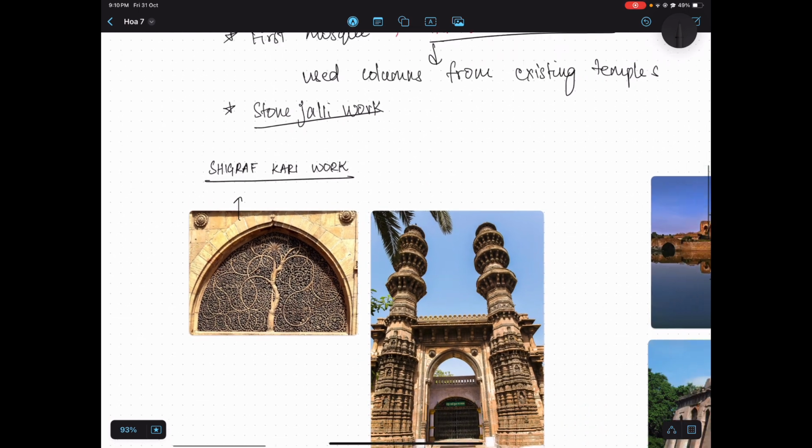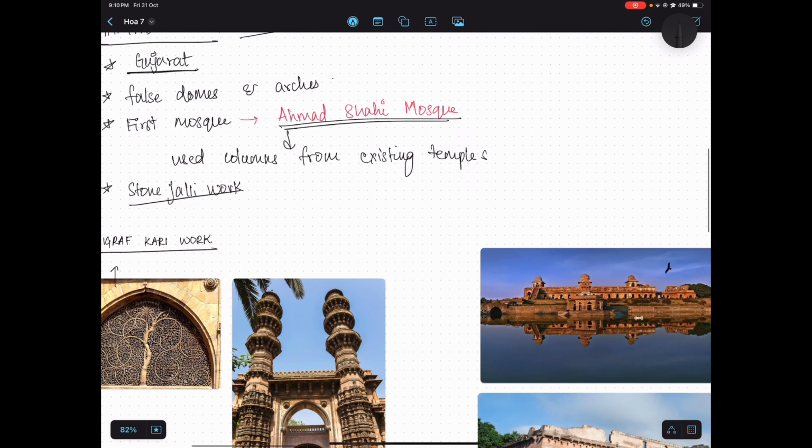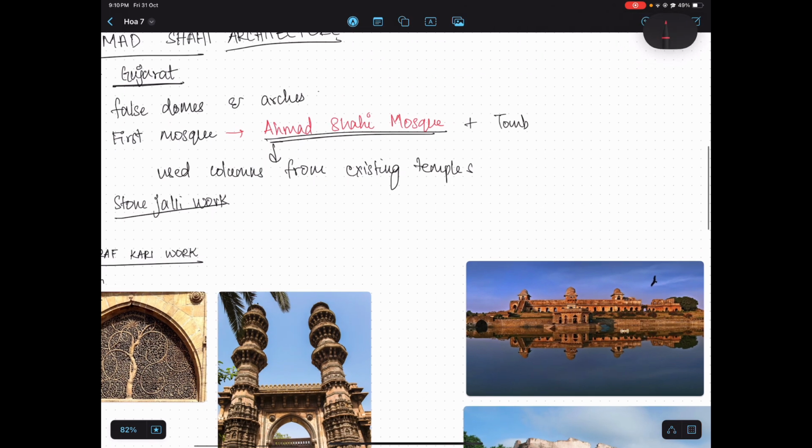And Ahmad Shahi next built his tomb next to the mosque. So he built his tomb adjacent to the mosque, and that led to the construction of Rauza, which was mostly found in the Ahmedabad region and other Gujarat regions.